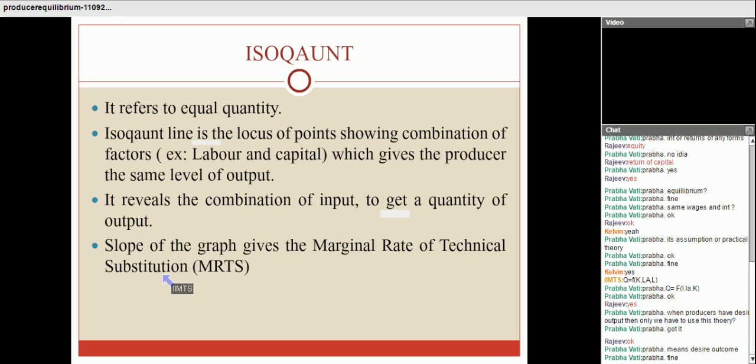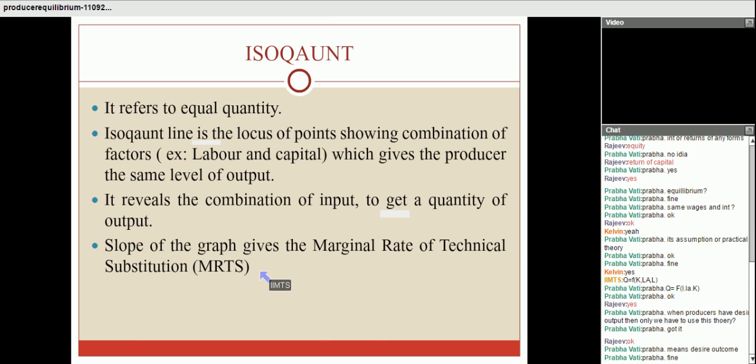Then the slope of the graph gives the marginal rate of technical substitution. Now what is this marginal rate of technical substitution? It is the ratio between the labor and the capital.